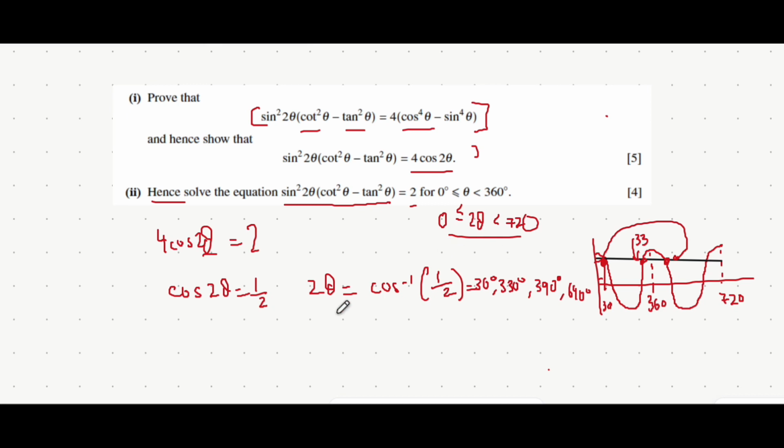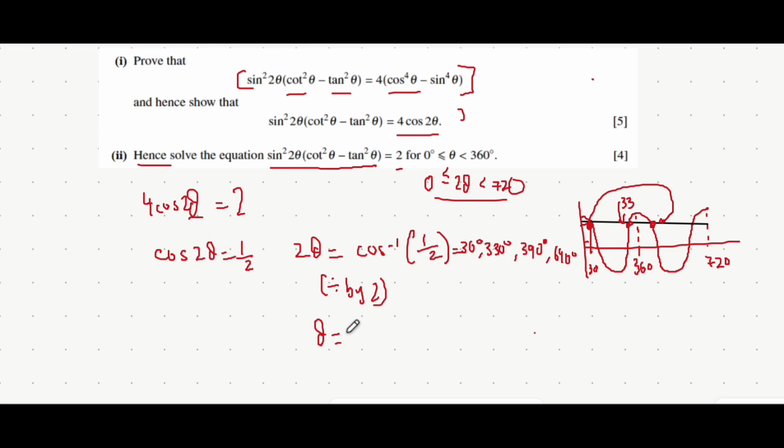But what we ultimately want is values of theta, so we now divide everything by 2. 2 theta divided by 2 is just theta. 30 divided by 2 is 15. 330 divided by 2 is... hold on, I'm very sorry, my mind has gone blank. 330 divided by 2 is 165. 390 divided by 2 now is 195.